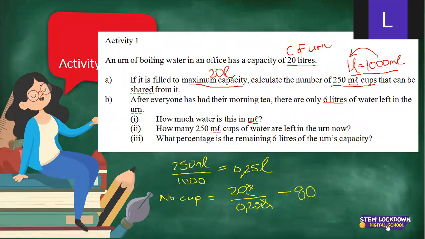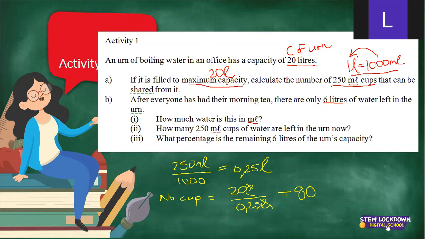Okay, can anyone tell me how many milliliters is 6 liters? While you guys are writing your answers, while you think about it, the conversion is 1 liter is equal to 1,000 milliliters. So if I'm moving from liters to milliliters, remember, there are more milliliters than 1 liter, so I need to multiply.